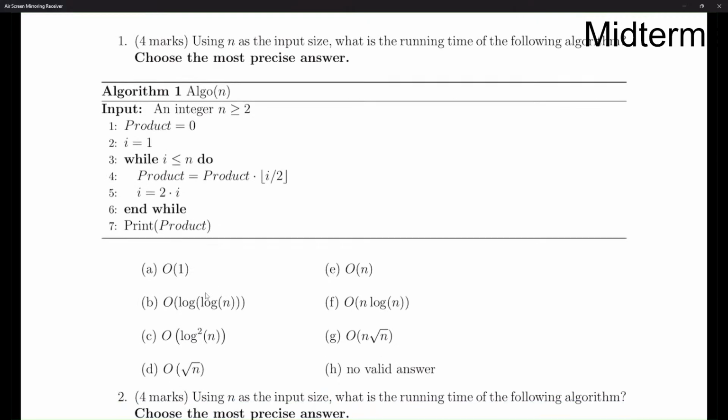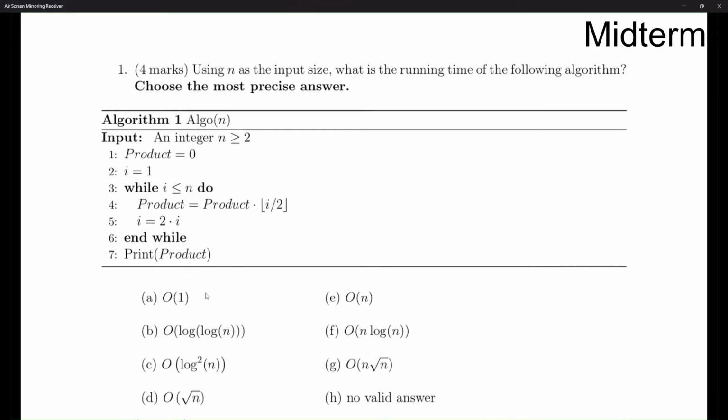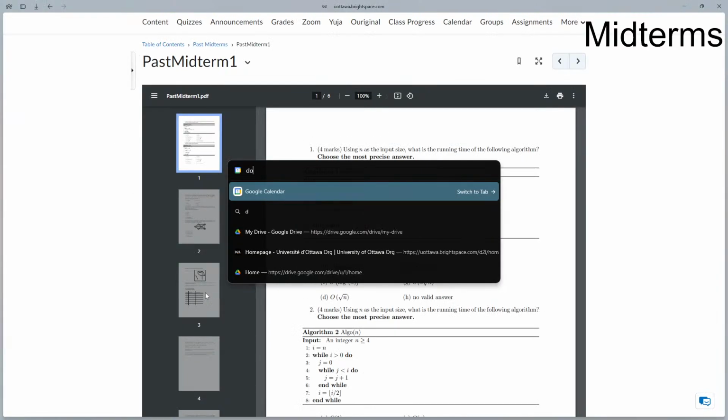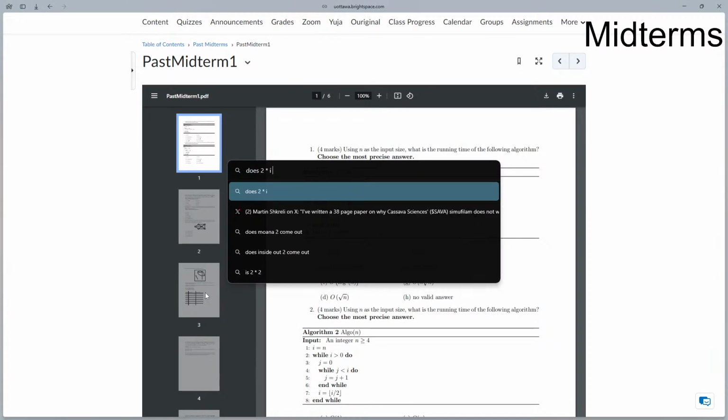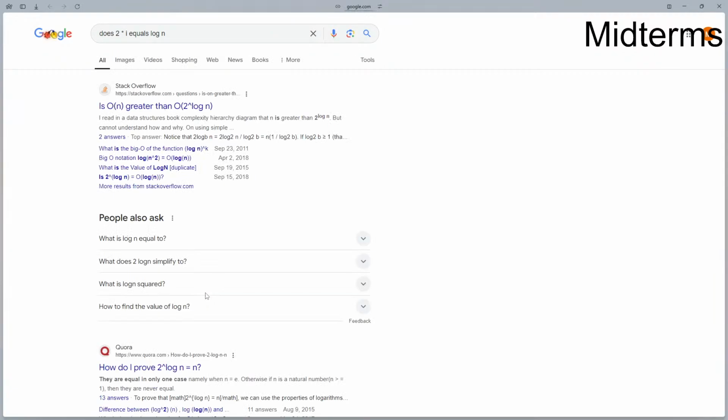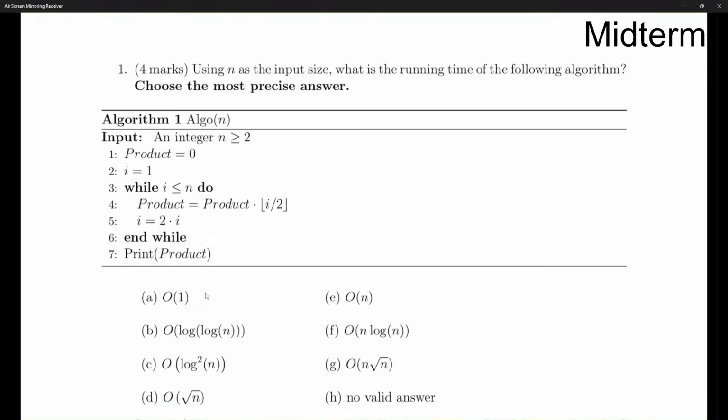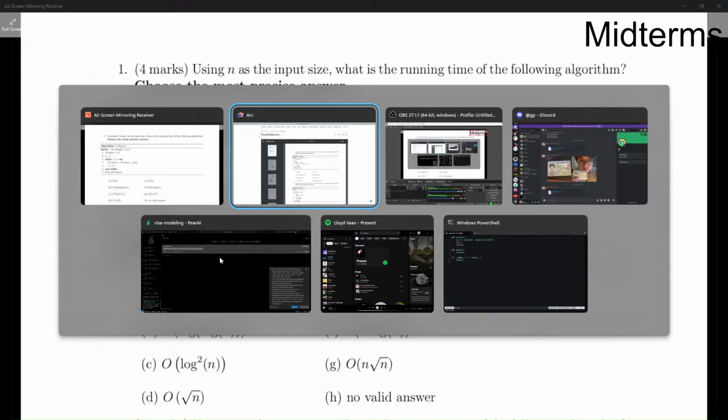Okay, let's work on this. Using n as input size, what is the running time of each algorithm? So product is 0. That's one product. Okay, I don't know if 2 times i counts as log n. Does 2 times i equal log n? Okay, I'm going to say that it doesn't.